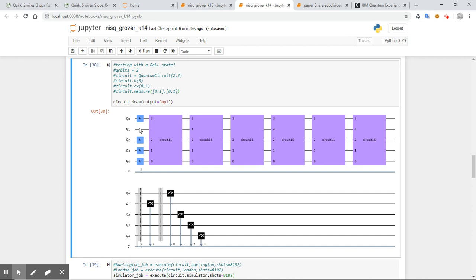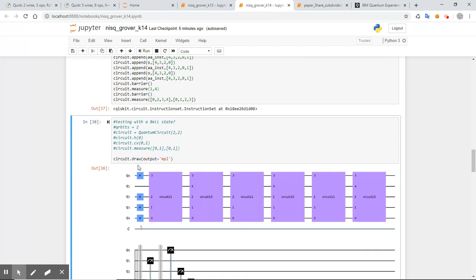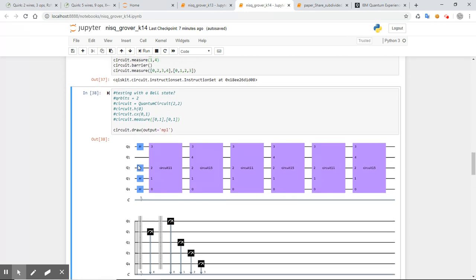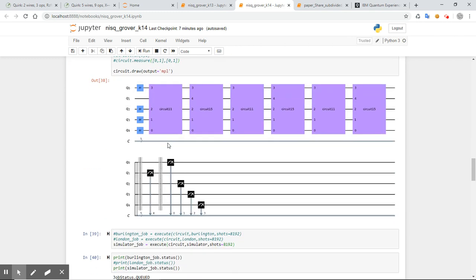Okay, fair enough. I thought I was putting a Hadamard in here, which would not be the right thing to do. So to be honest, this feels like it shouldn't work, but I'm maybe missing something.